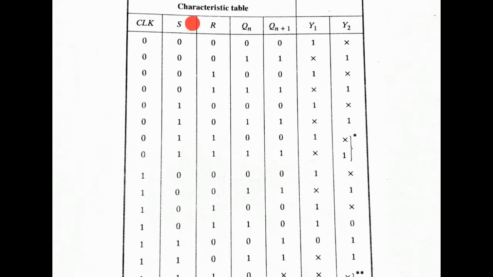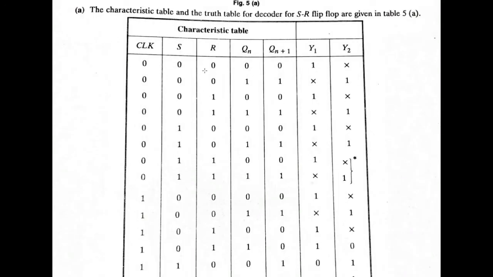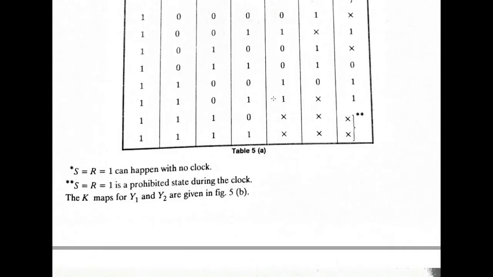If we consider all 4 inputs, that is S, R, Qn, Qn plus 1, in this case we have 2 to the power 4, that is 16 combinations. So accordingly, we can use this characteristic table and truth table for the SR flip-flop.